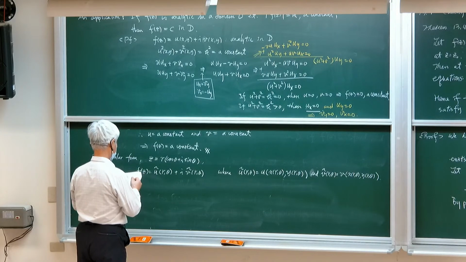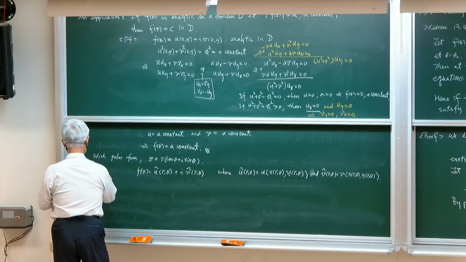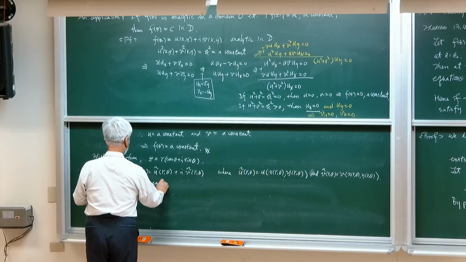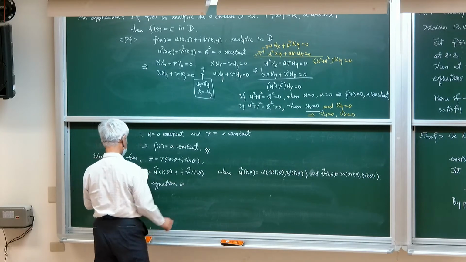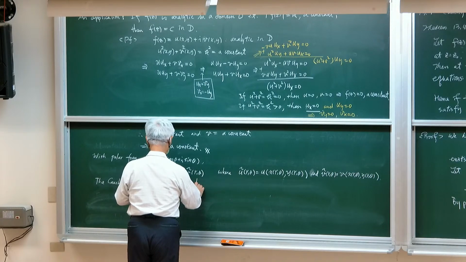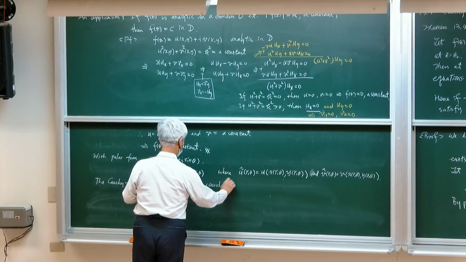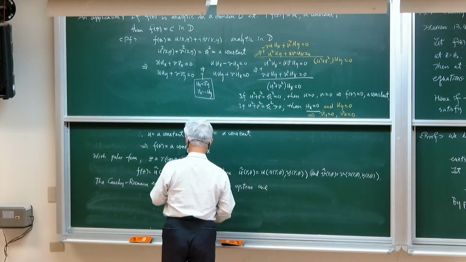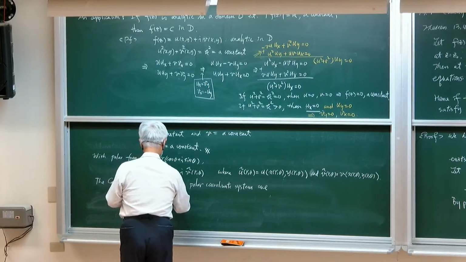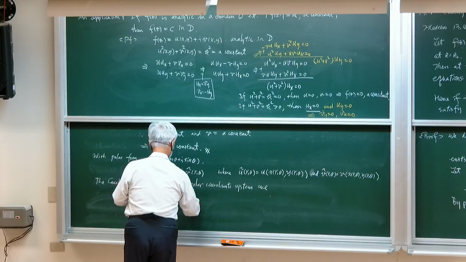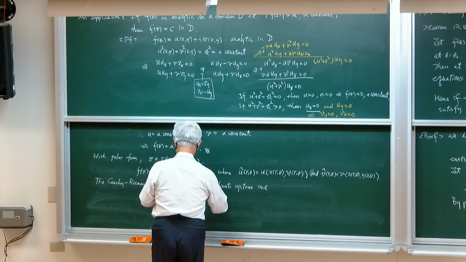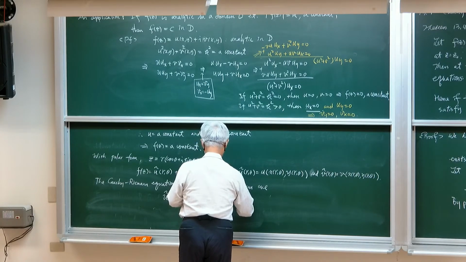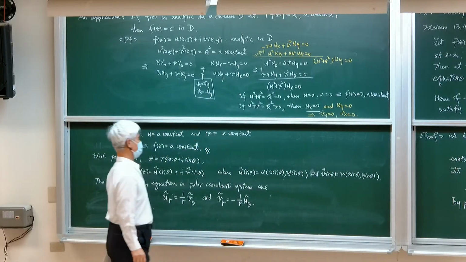And the Cauchy-Riemann equations in polar coordinate systems are u tilde r is equal to 1 over r v tilde theta, and v tilde r is equal to minus 1 over r u tilde theta.